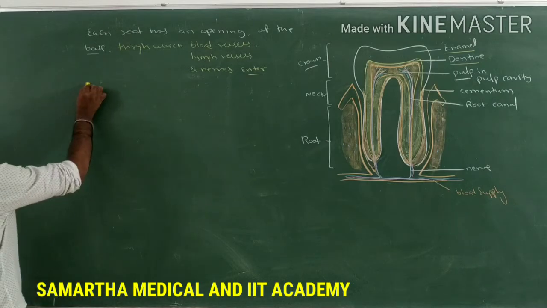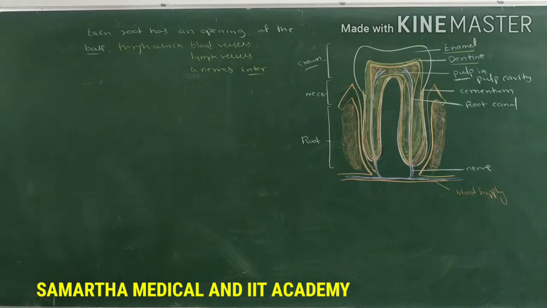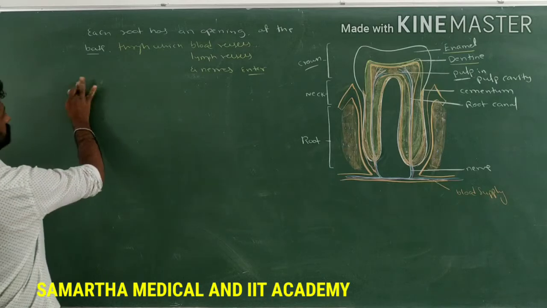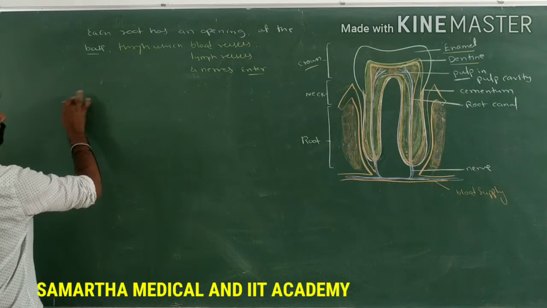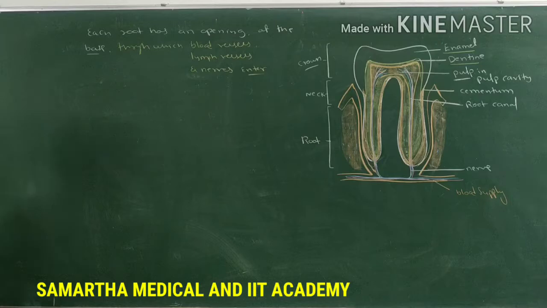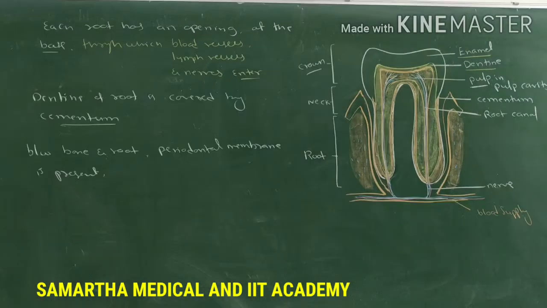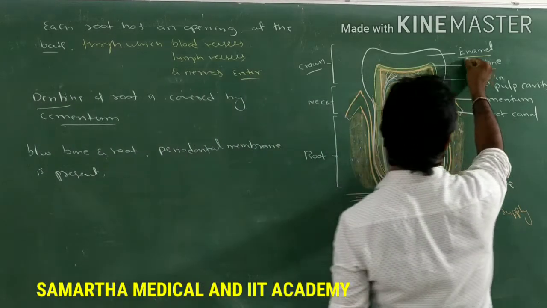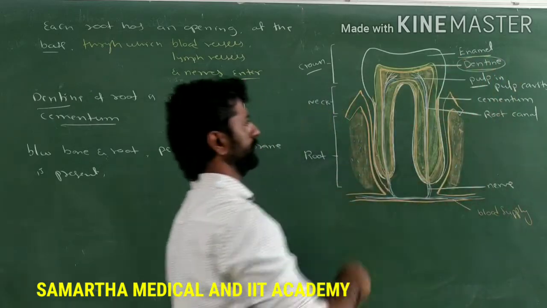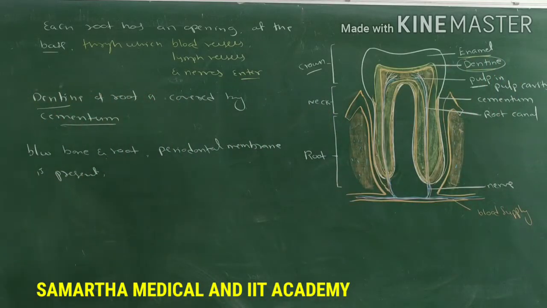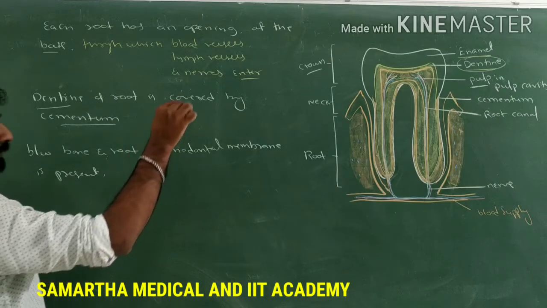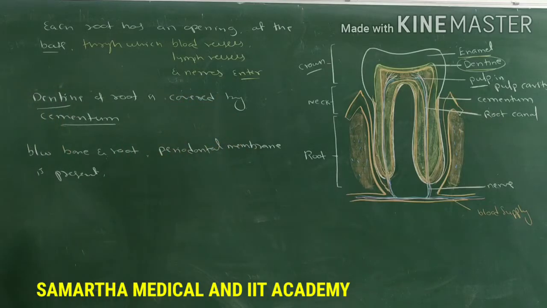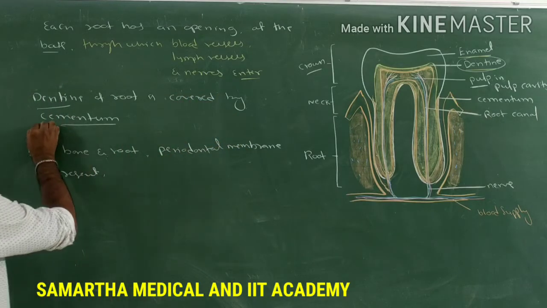Next, the dentine of the tooth, and particularly the dentine part of the root, is covered by cementum.